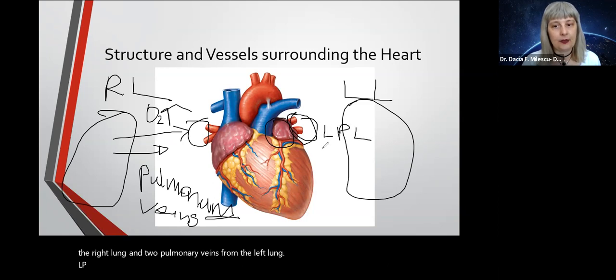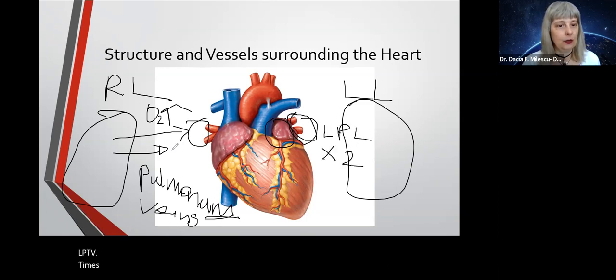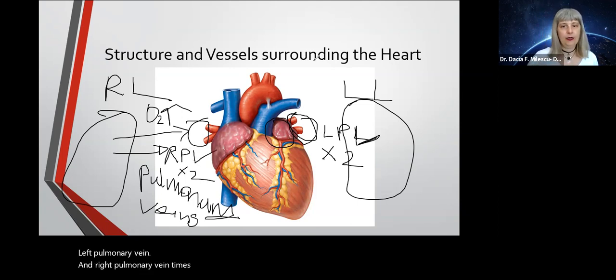LPV times 2, left pulmonary vein and right pulmonary vein, times 2, okay? Times 1 only here for right and left pulmonary artery.